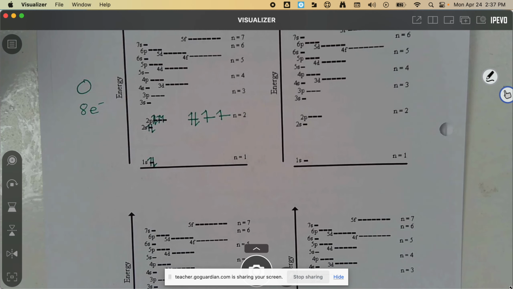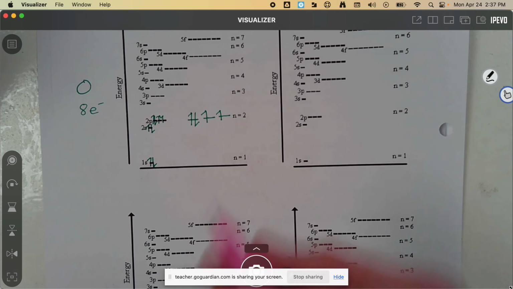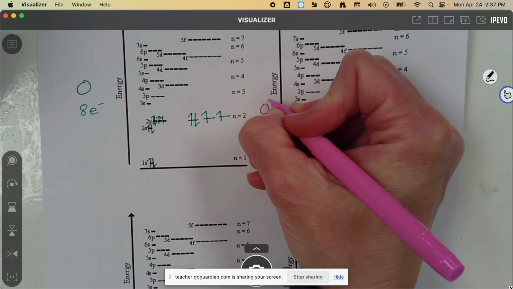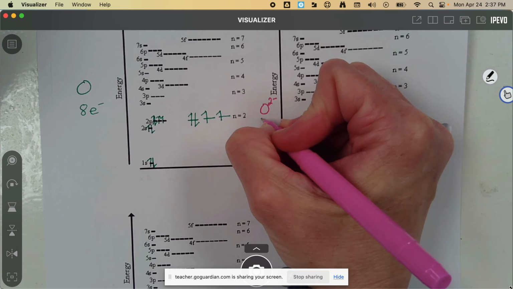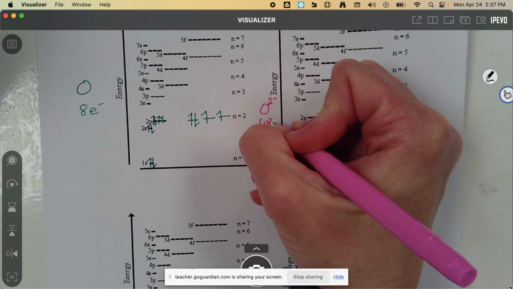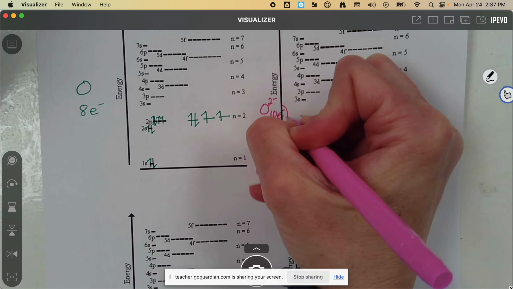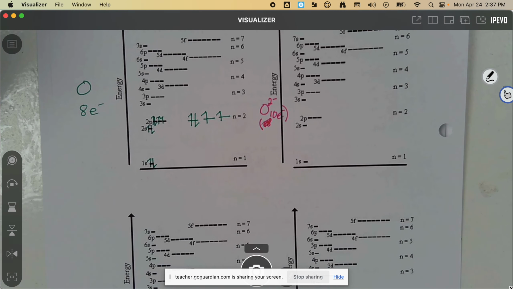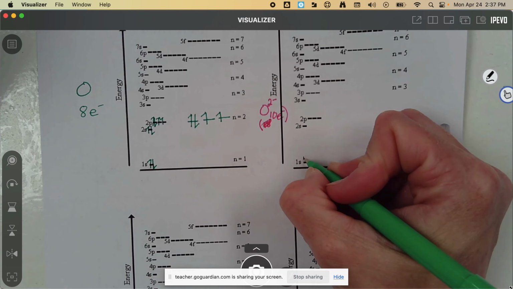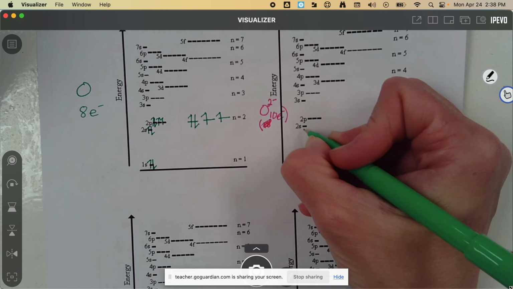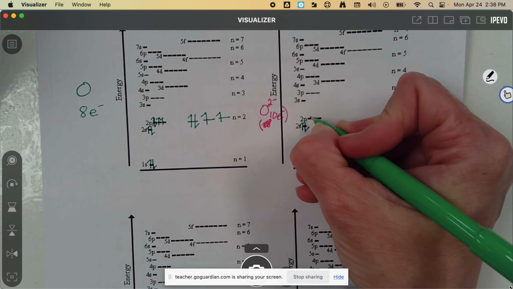Now, if we change this to make the oxide ion, O2 minus, that's easy enough. We need 10 electrons. And we put in the first 8 just like they were before.